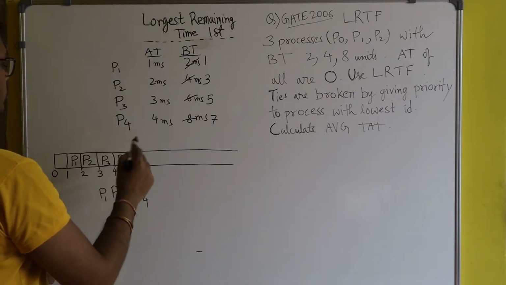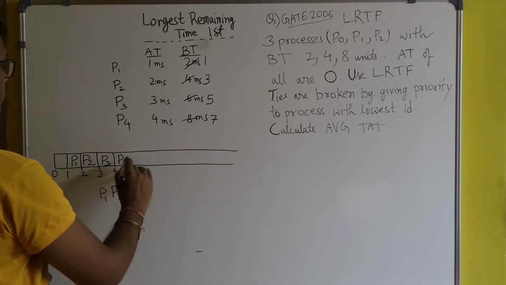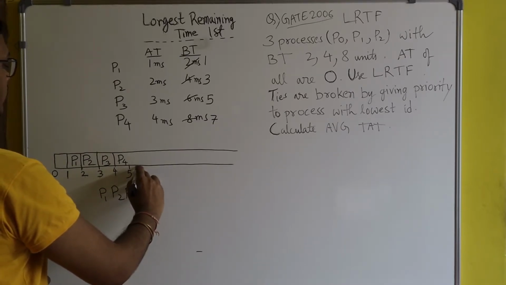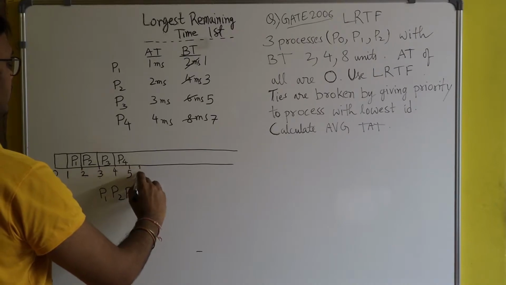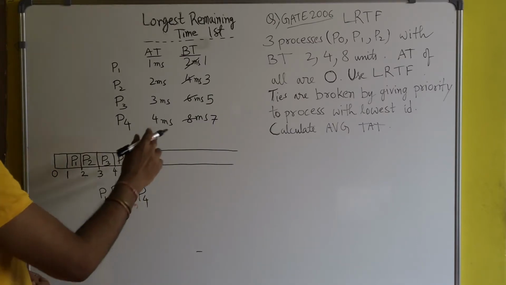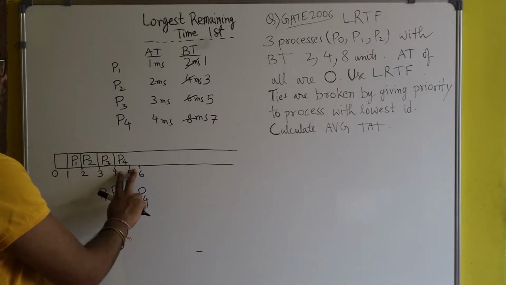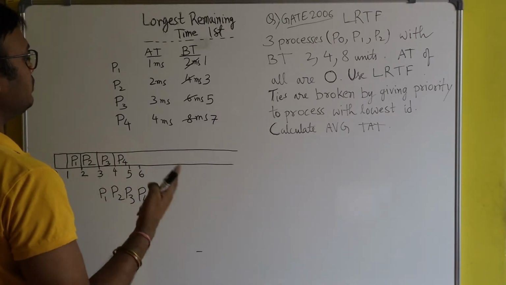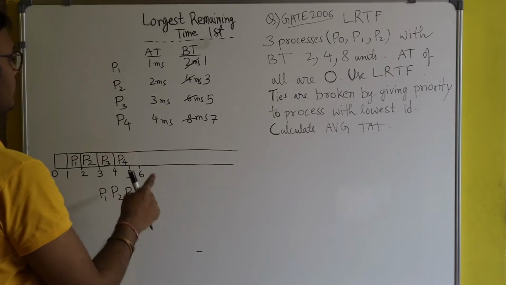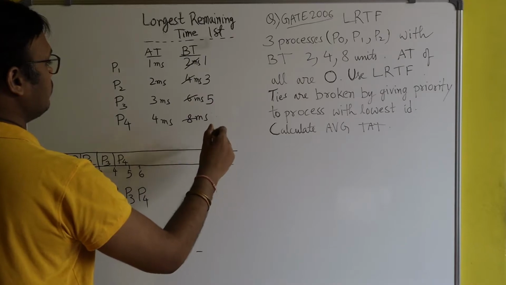Process P4 will run for another 1 millisecond, so from 4 to 6 now. Process P4 has completed 2 milliseconds. How much burst time is left for process P4? 8 minus 2, 6. Here I will write 6 now.